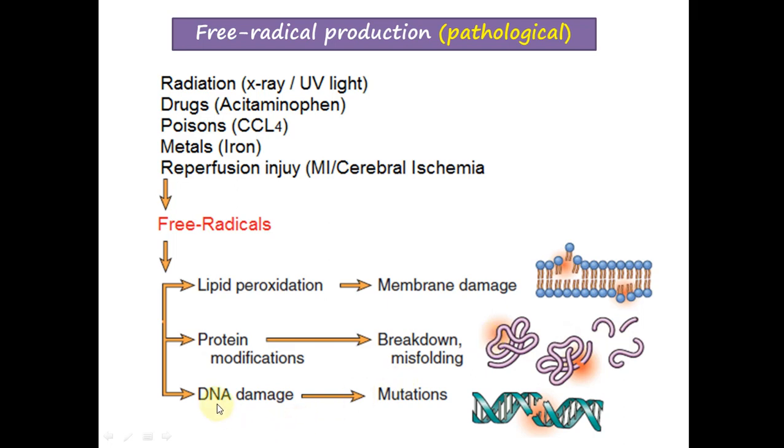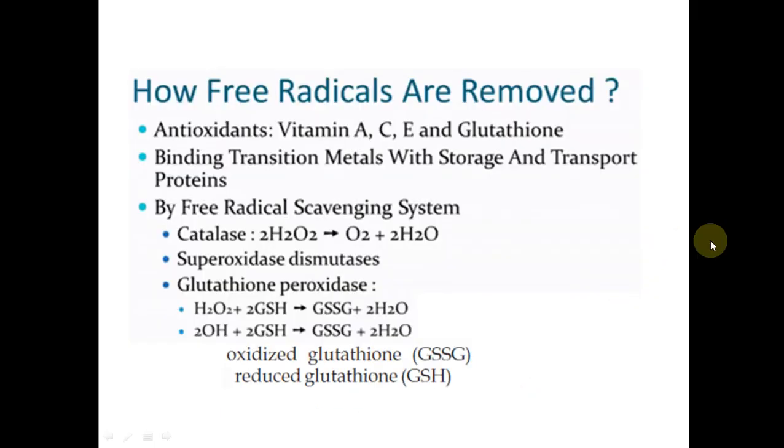Moreover, these free radicals cause DNA damage by oxidation of the DNA and result in breaks in the DNA strand, which will lead to cell death, and their role in oncogenesis by putting mutations in the DNA strand is well established. Now, free radicals are removed continually.